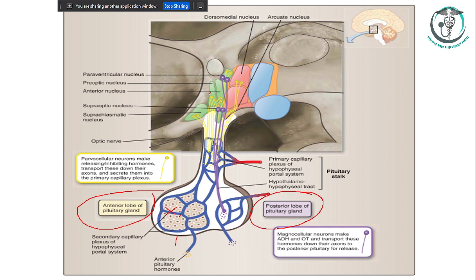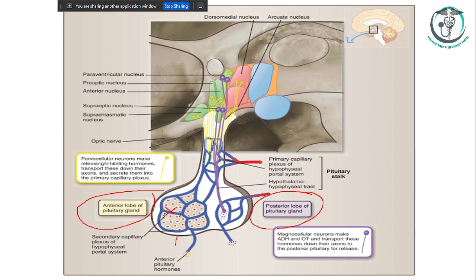So the hypothalamus, you can see in this diagram, has nerves. These nerves on the anterior aspect terminate on the blood vessels here, the ones in blue. You can see that these nerves terminate within these blood vessels, which is called the portal system. This portal system will carry the hormones released by the hypothalamus to the anterior pituitary gland.